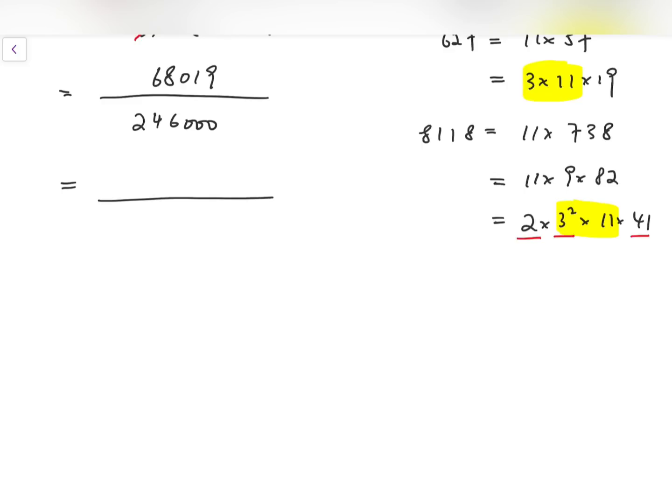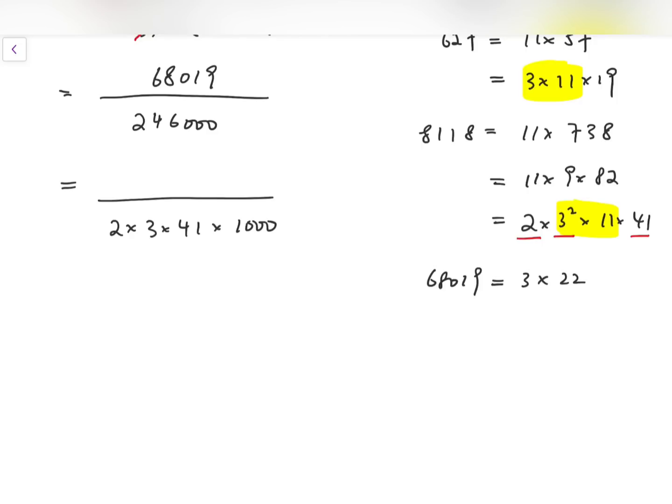In fact, if we examine 246,000 more closely, then we will get 2 times 3 times 41 times 1,000. And so if you want to remove some common prime factors, then we should only check these, like 68,019, whether it's a multiple of 3, whether it's a multiple of 41. And in fact, it's first divisible by 3.